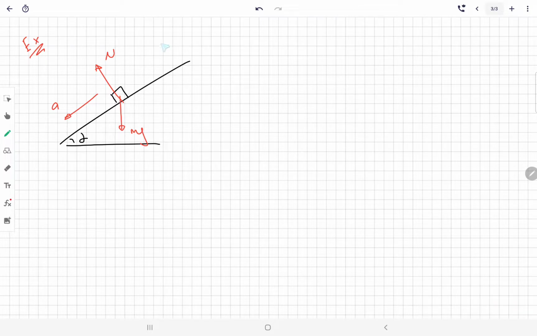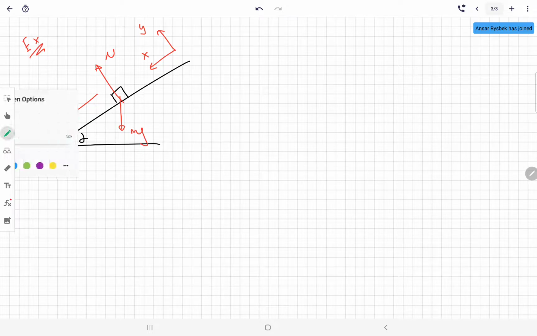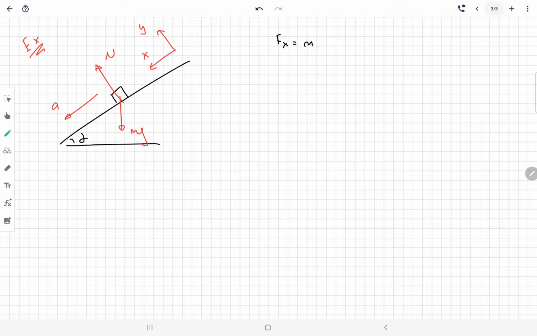So let me choose my axis in this way: x-axis and y-axis. So basically, resultant force in x direction equals max, resultant force in y direction equals may. Now, how many forces do we have in x direction, in this direction?